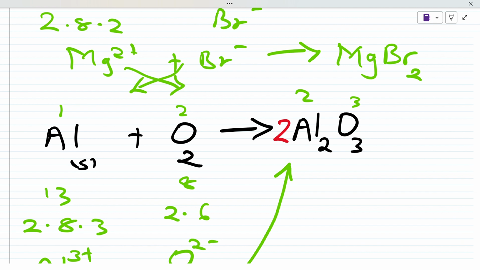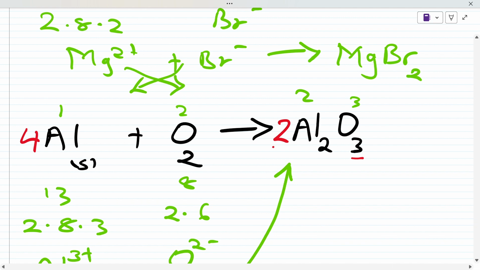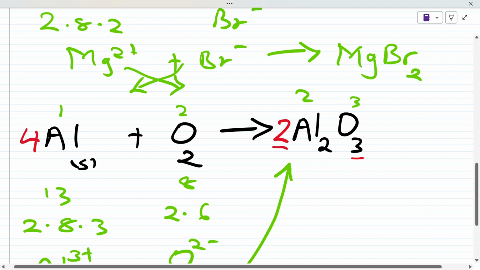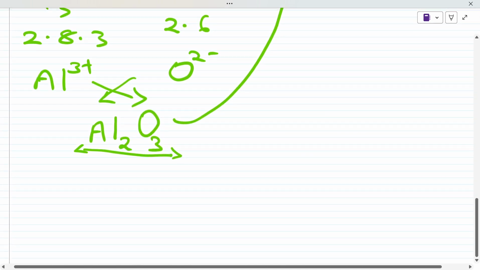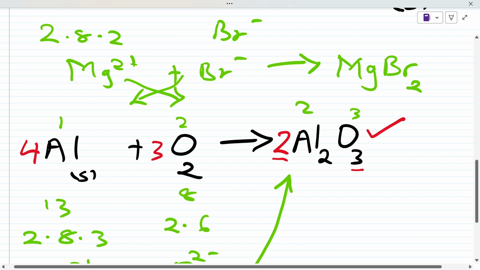If I put a 2 here, aluminium will be 4 this side. And if aluminium is 4, oxygen will be 3 times 2, which is 6. So how do I make this oxygen 6? I put a 3 here. Is it balanced? It is balanced. And that's how we do writing and balancing chemical equations. Thank you very much. We shall meet in our next video.